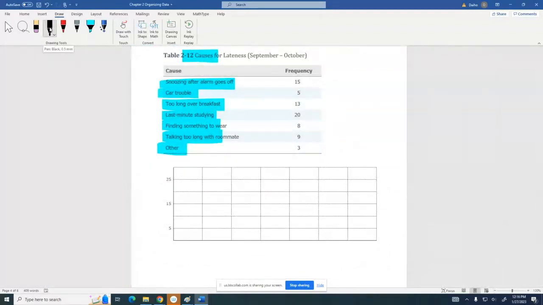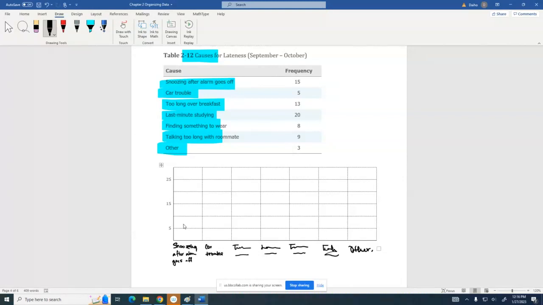For the bar graph, I have to state the labeling: snoozing after alarm goes off, car trouble, too long breakfast, last minutes studying, finding something, talk too much, and others. Please state the full labeling.